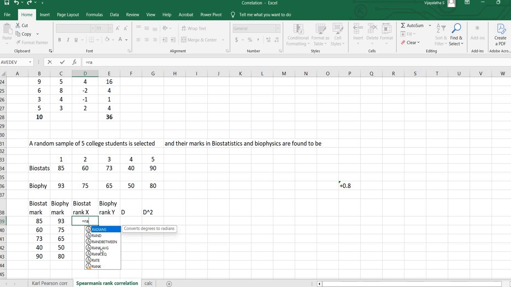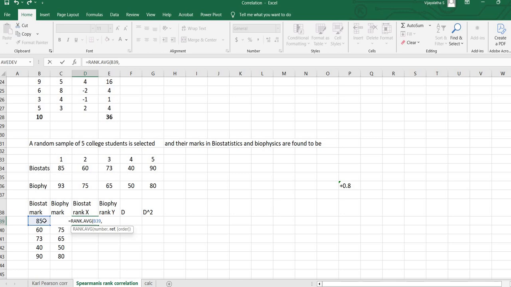So it is better to choose rank average. Now I have to give the number for which I want the rank first. So here the cell which I need is B39, and then I have to give the cells that have to be referred.